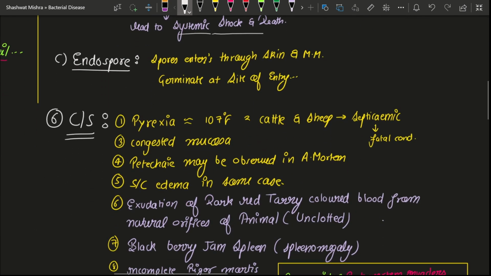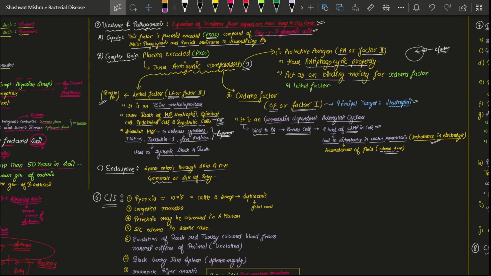Now the last one is the spores. As I mentioned earlier, the spores can enter through the skin or the mucous membrane and germinate at the site of entry. I hope that pathogenesis and virulence is clear to you all, right?